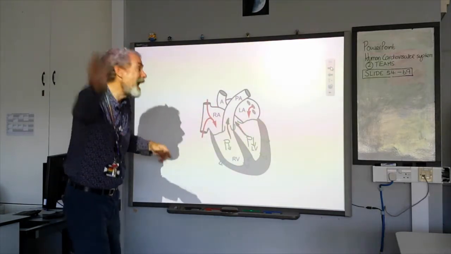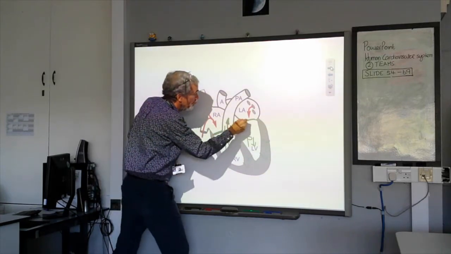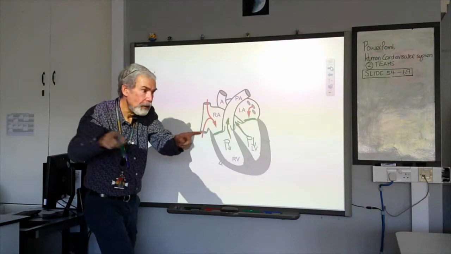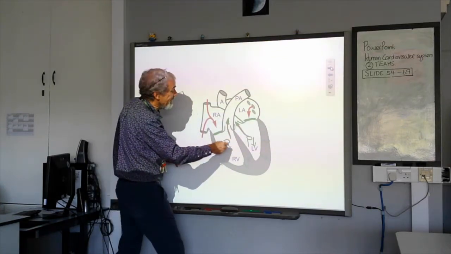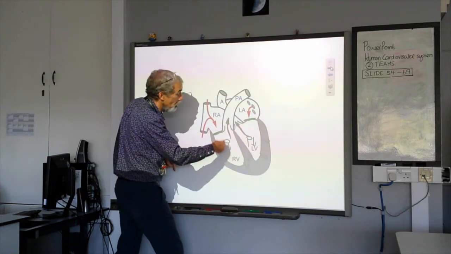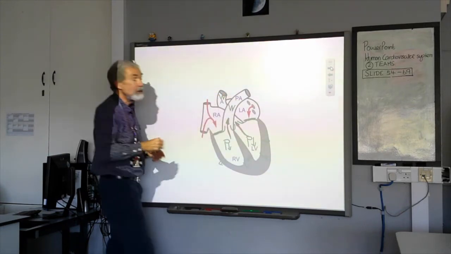It is still high enough to keep the AV valves closed. It is still high enough to force blood through these, because the pressure here is still just about greater than the weight of blood that we've got in both of these pipes.